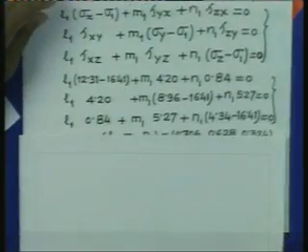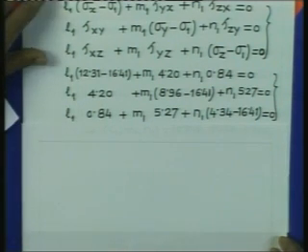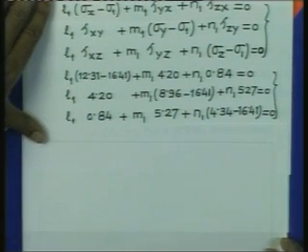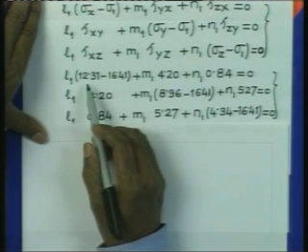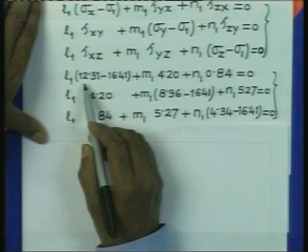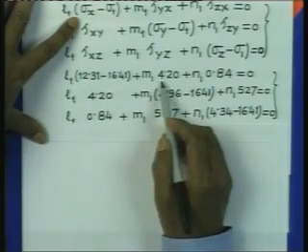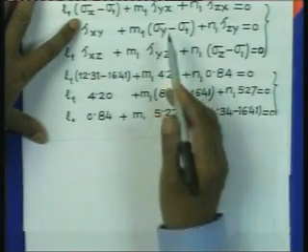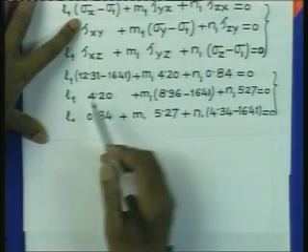These three equations, once you substitute the value of the Cartesian components of the stresses, then you get sigma x substituted by this. 4.20 is the value of tau yx and 0.84 is the value of tau zx.